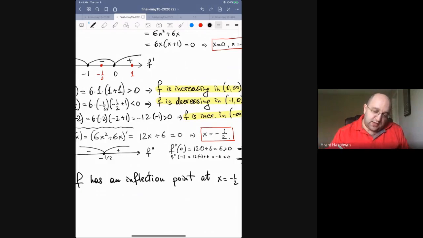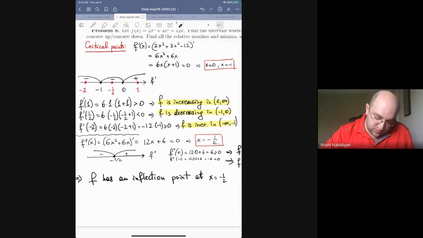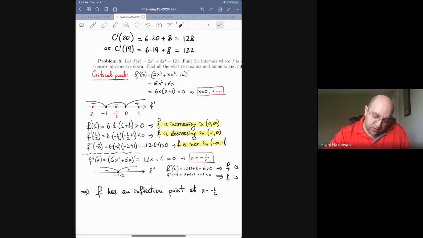And why is that? That's because it changes concavity, goes from concave down to concave up around negative 1/2. Okay, so then the only thing we're left with is to find relative maxima and minima.